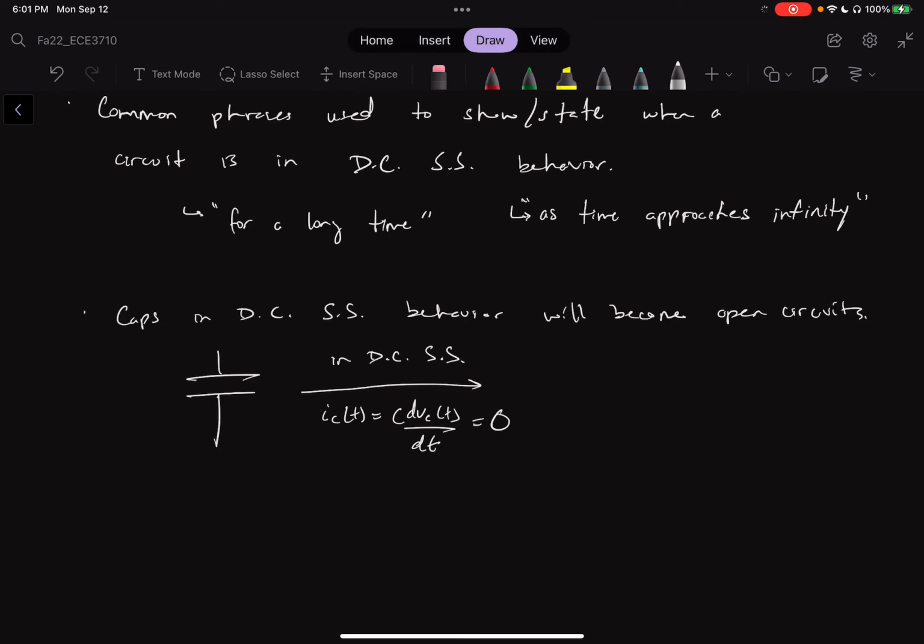If there's no current through the capacitor, it behaves like an open circuit. Open circuit, no current flow. Again, there's no current flowing down or across the capacitor.